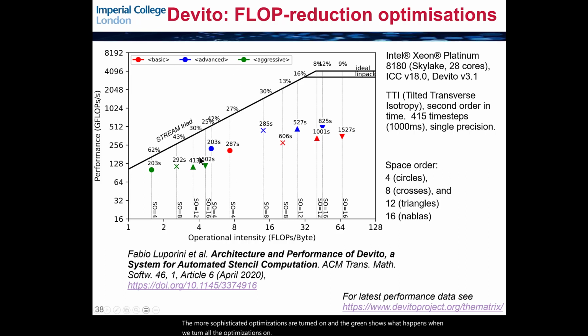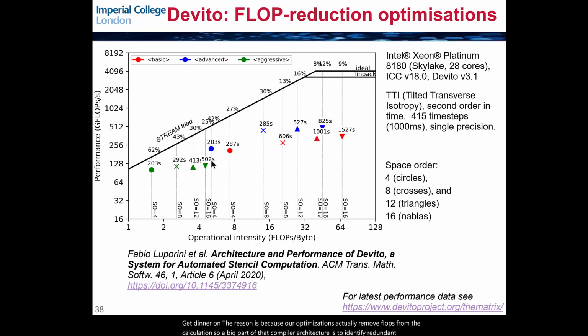And the green shows what happens when we turn all the optimizations on. And what happens when you turn the optimizations on is that the flop rate goes down. The good news is that the time to solution that you see here gets better. And the reason is because our optimizations actually remove flops from the calculation.